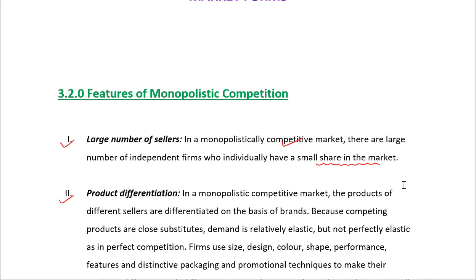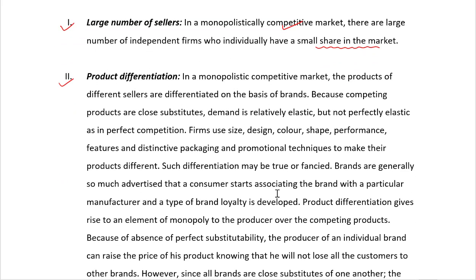Let's see point number 2, that talks about product differentiation. The products of different sellers are differentiated on the basis of brands. Each seller tries to attribute peculiar features to the product to meet consumer needs. Competing products are close substitutes, so demand is relatively elastic, but not perfectly elastic.